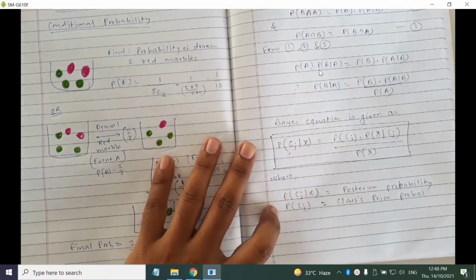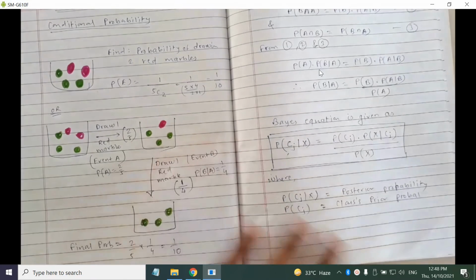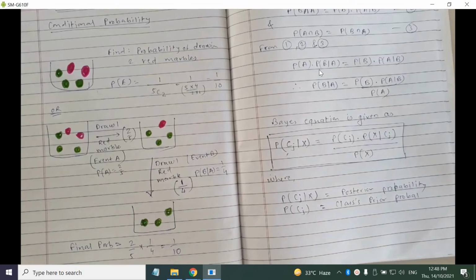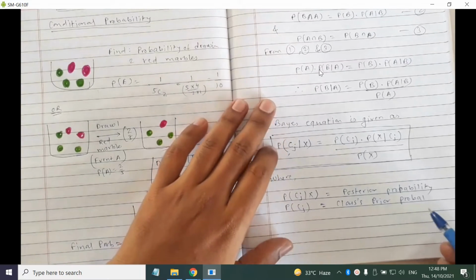Consider you have a two class problem, and if you have 100 samples, and the two classes are yes and no, you can calculate how many times yes is appearing in those 100 samples, right? So that will be your class prior probability.